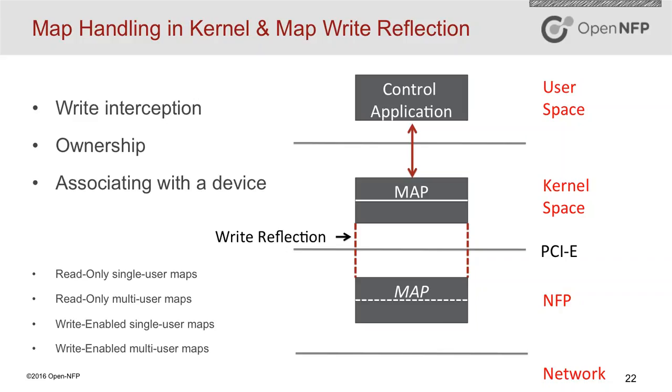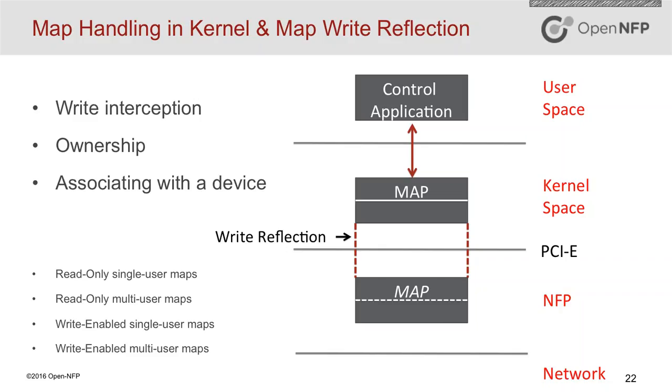The easiest use case to support is that the eBPF program is using the map in a read-only mode. That is, the user space control application is writing the values into the map, and the eBPF program is only reading them. It's effectively similar to what routers do today, which is basically there's a control plane which is populating the tables, and then the processing path is only reading those tables.